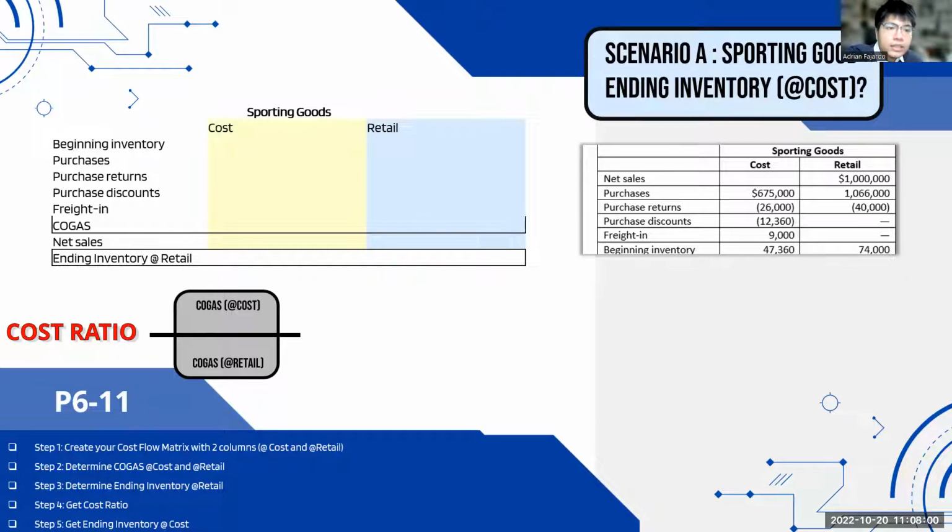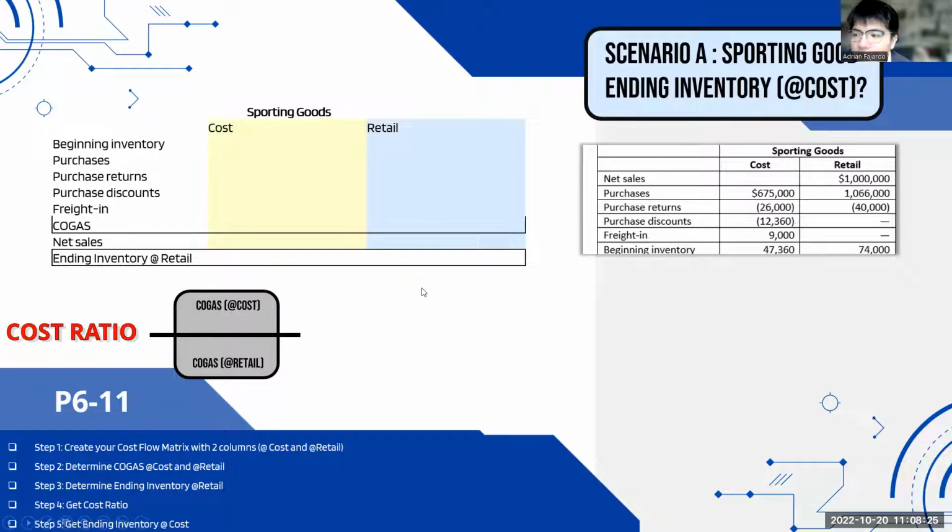Huwag kayo malilito. Net sales refer only to your retail. And net sales will tell you your cost of goods sold, quote unquote, in retail value. And therefore, you will be able to get your ending inventory at retail, right? So, huwag kayo malito, treat net sales as cost of goods sold at retail, okay?